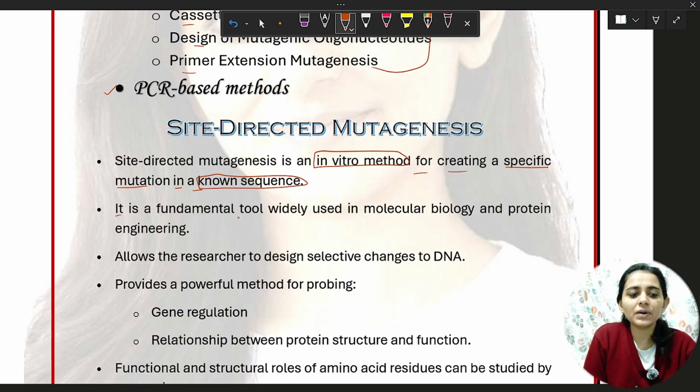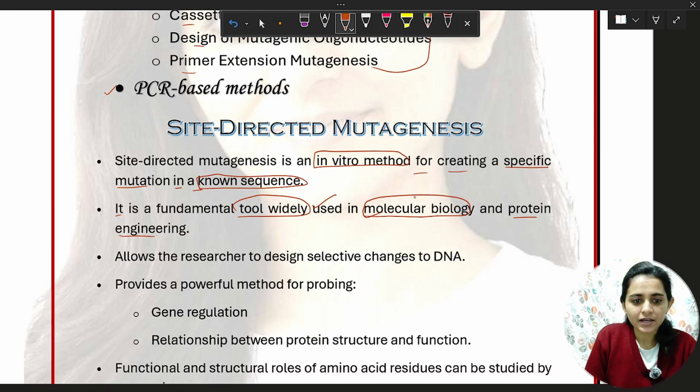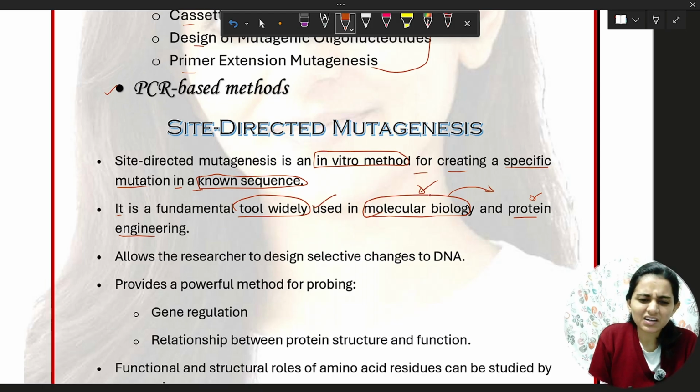It is a fundamental tool widely used in molecular biology and protein engineering. In molecular biology, we majorly consider nucleic acids, and protein engineering we consider differently. But mostly it is also considered as molecular biology.